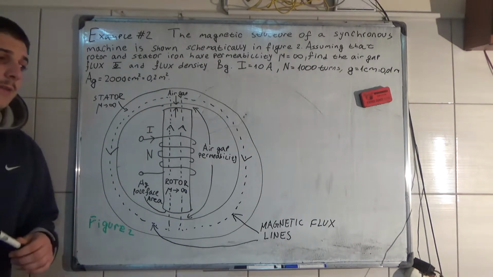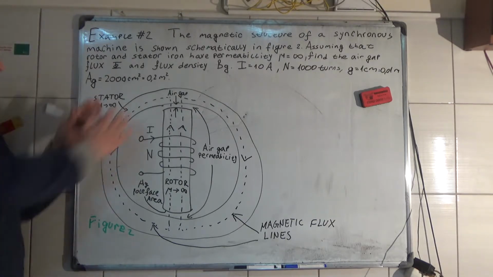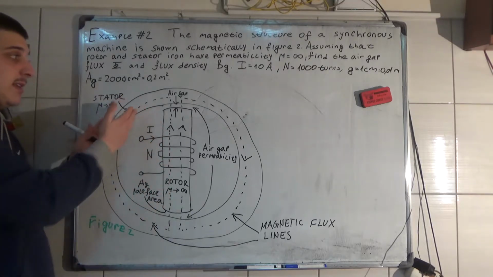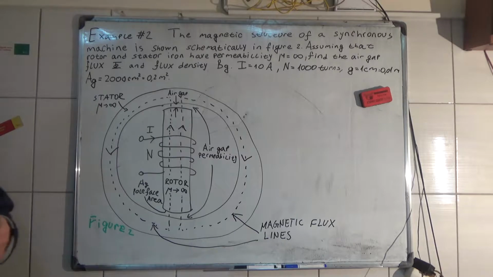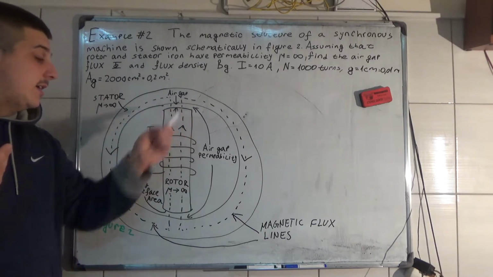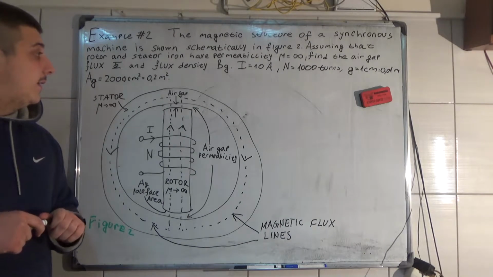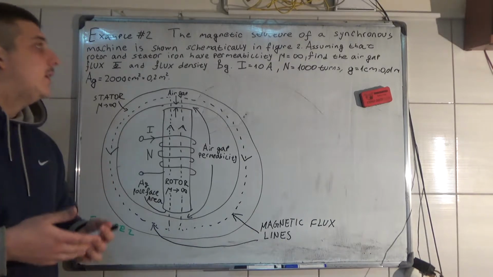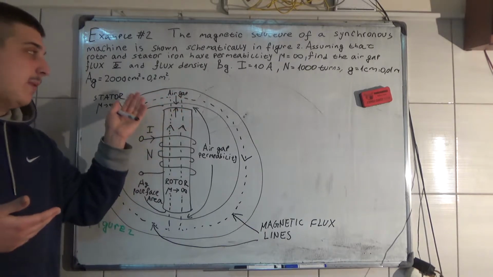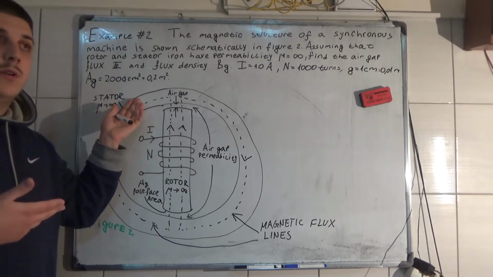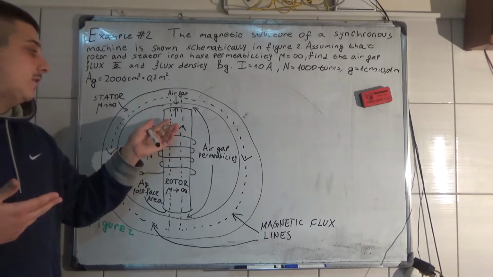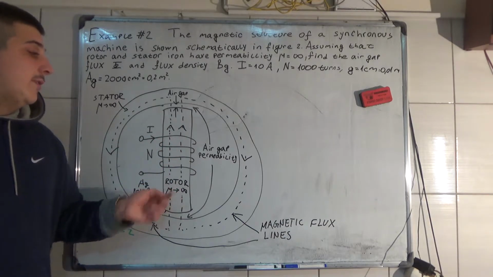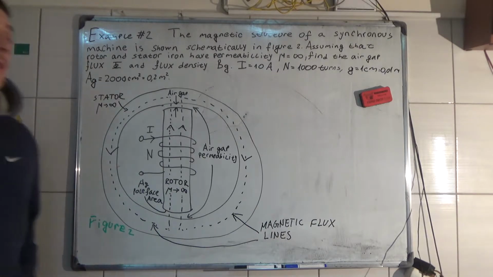Okay, now here we have a synchronous machine. It has a rotor and it has a stator. And every rotational machine, unfortunately, has a small air gap. The good part of this is that we are assuming that the permeability of the stator iron core and the rotor iron core is infinity, which kind of makes stuff easy.